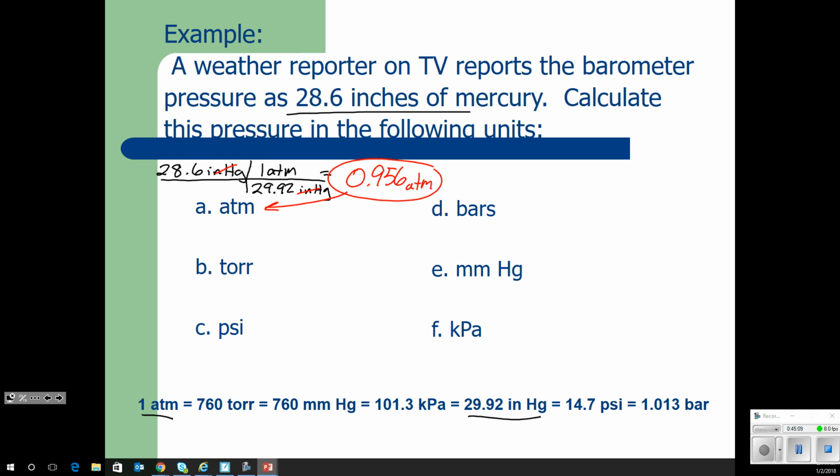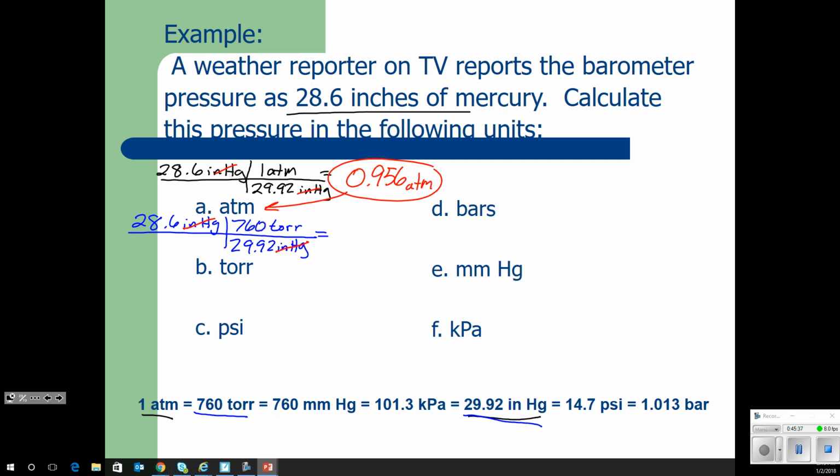Okay, let's do the next one. We want to go to torr, but we still have the 28.6 inches of mercury. So I'm still going to use the 29.92 inches of mercury because I want to get rid of it on the bottom. But this time I want to go to torr. So this time I'm using the 760 torr on the top. Inches mercury will still cancel out.